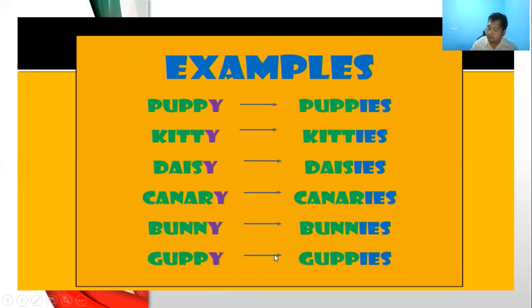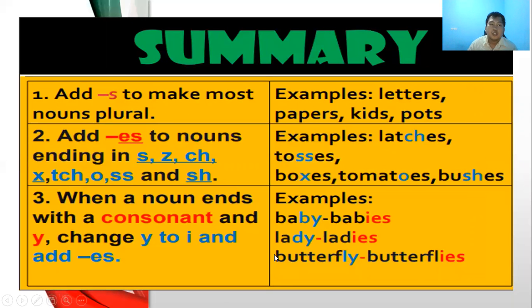Okay, so a short summary of our rules. Add s to make most nouns plural. Examples: letter, letters; paper, papers; kid, kids; pot, pots.